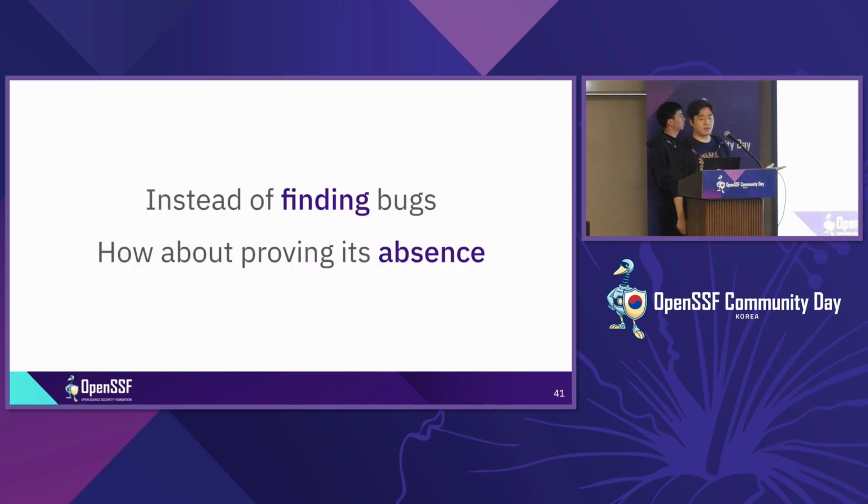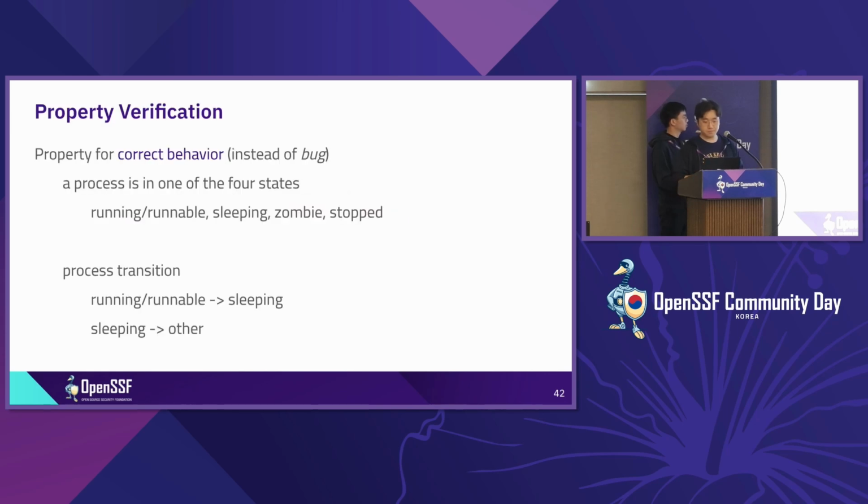This alternative approach asks, instead of finding bugs, how about proving their absence? Property verification focuses on defining correct behavior rather than finding bugs. For example, a process must be in one of these states: running, runnable, sleeping, zombie, or stopped, and transitions between them follow defined rules.